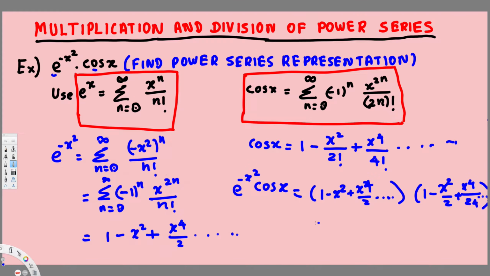Now let's multiply this. If I multiply 1 with this one, 1 times 1 is going to be 1. 1 times negative x square over 2 is negative x square over 2. And 1 times x power 4 over 24 is going to be x power 4 over 24. And then let's do it for the next term. So we have x square.